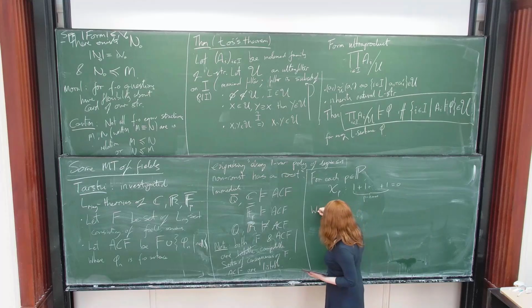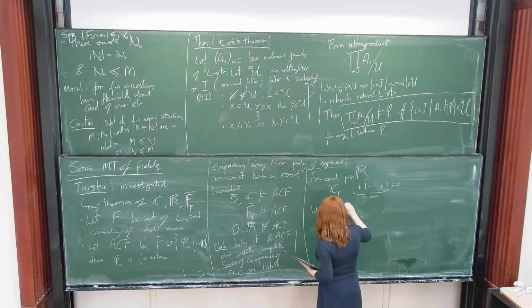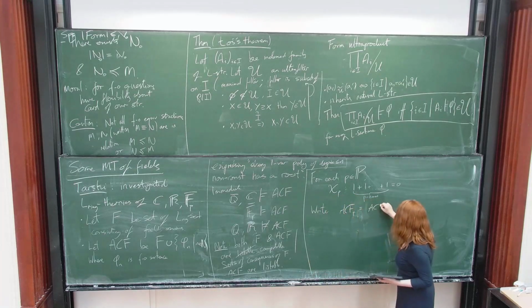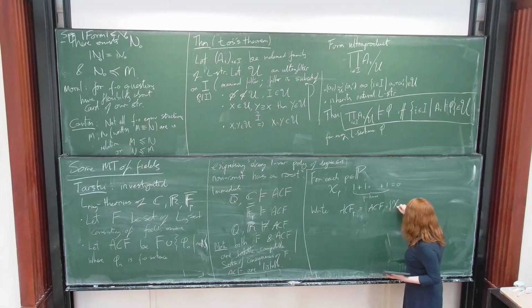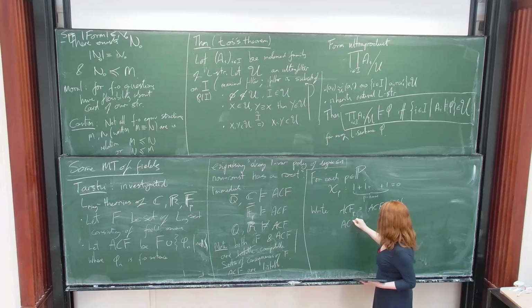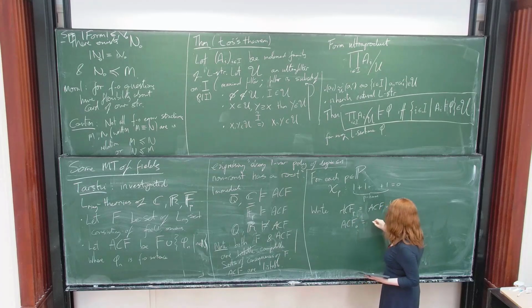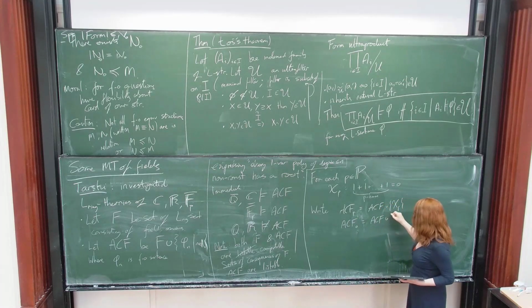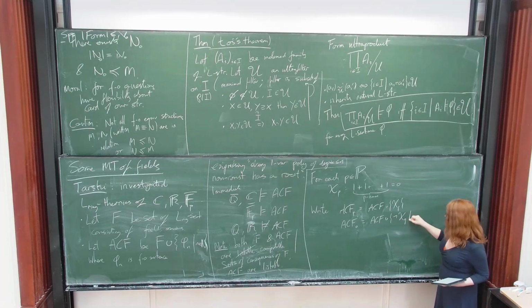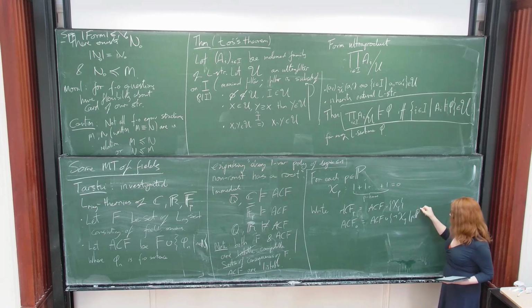Then write ACF_p for ACF together with chi_p, and that's for p a prime, and I'm going to write ACF_0 for ACF together with the negation, that's the not symbol, of chi_p, and that's for all primes.